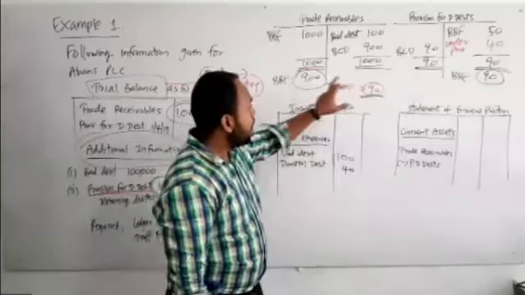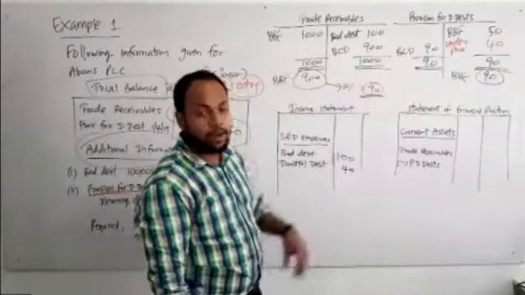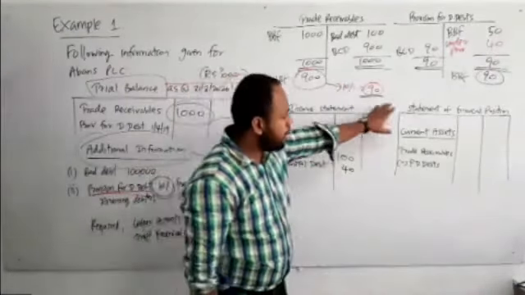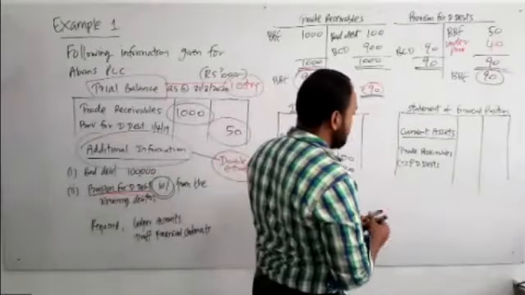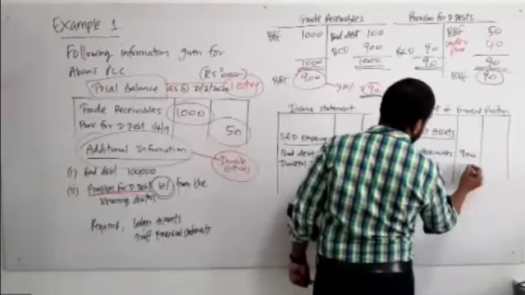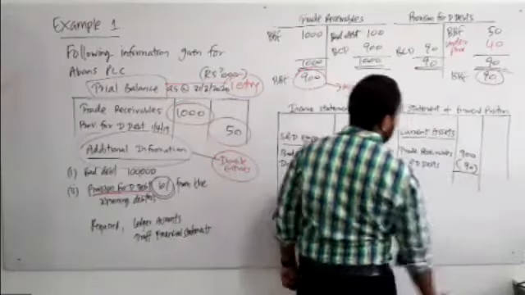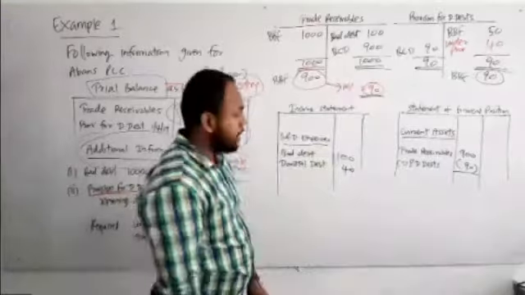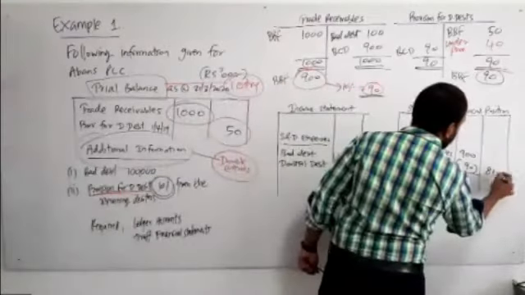But these are asset accounts, an asset deduction account. The balances will be taken to the statement of financial position. Trade receivables 900, provision is 90. The net amount is 810.